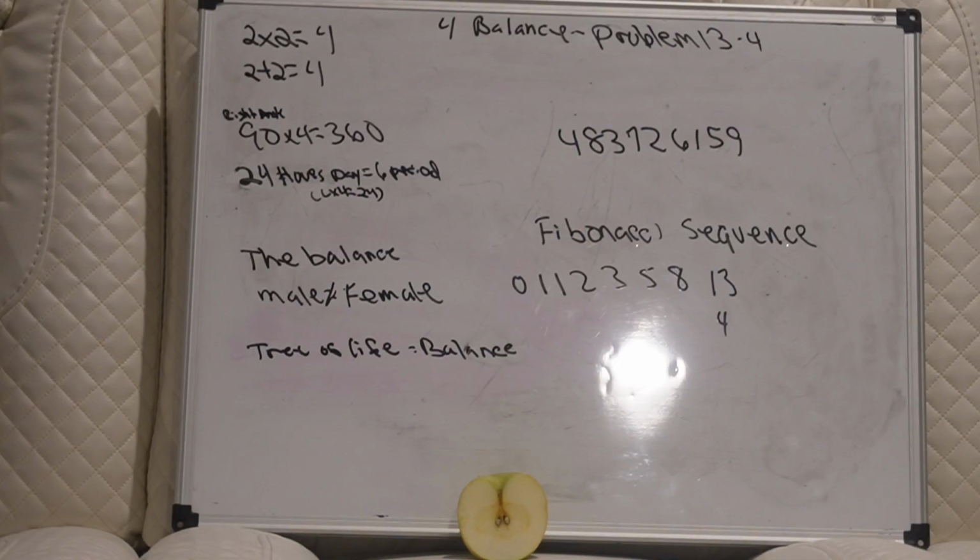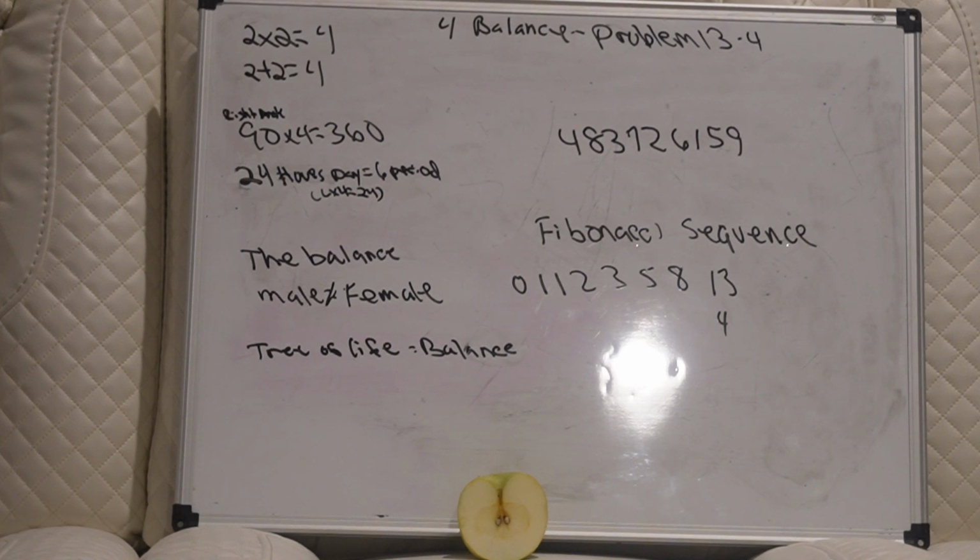So right there, I got the first 8 numbers of the Fibonacci sequence, which is 0, 1, 1 plus 1 equals 2, 1 plus 2 equals 3, 3 plus 5 equals 8, 5 plus 8 equals 13. And then under that 13, I got 4. So the first duality of the Fibonacci sequence is the number 13, which is very significant. And I will talk a little bit about that as well.